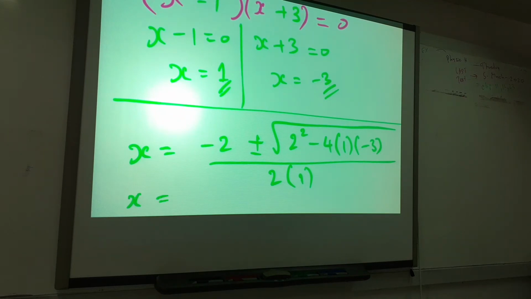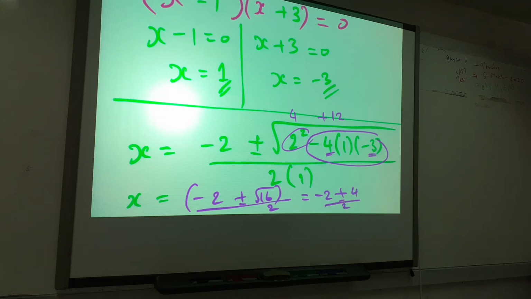Let's simplify this. The value inside is 4; multiply negative 4 by negative 3 and you get positive 12. 4 plus 12 is 16. So minus 2 plus minus square root of 16, the whole thing divided by 2. Root of 16 is 4.